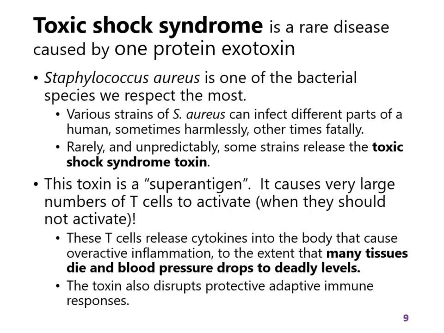So this causes indiscriminate activation of many T cells, and that leads to death of tissues, like a person's skin will basically fall off, but also their blood pressure will eventually drop to deadly levels. And other things.